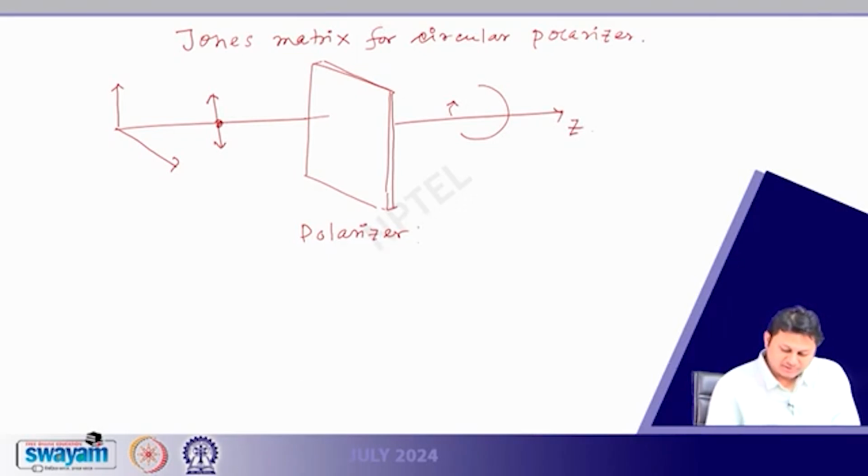So now the question is, what is M here? How to calculate the M for this case?